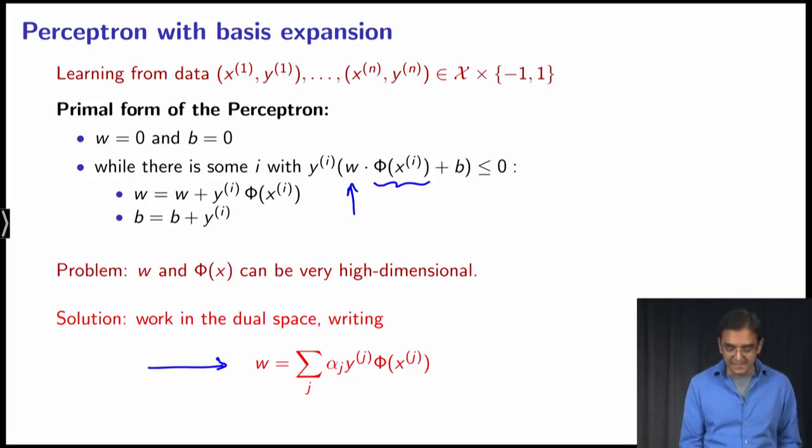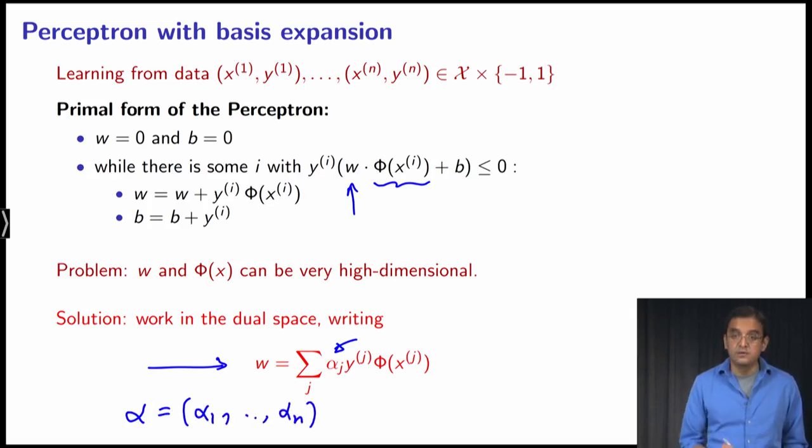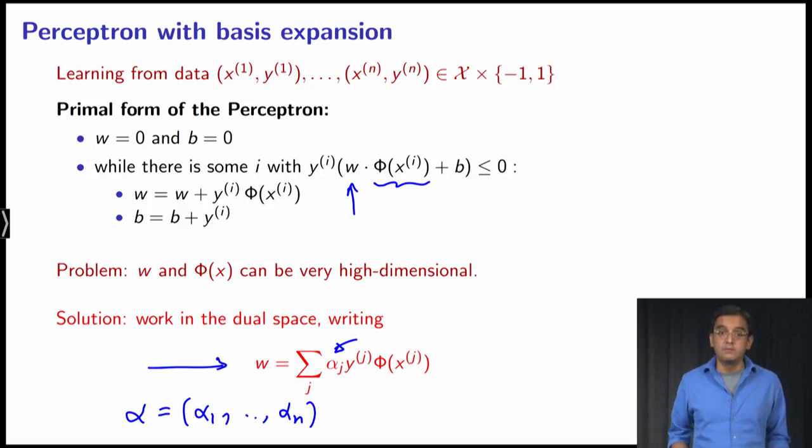So at any given time, it's a combination of yi's phi of xi's, and these coefficients, the alpha j over here, is exactly the number of times we have updated on the jth data point. So instead of using w, we're going to work with the dual form, which consists of these coefficients alpha 1 through alpha n, one per data point.